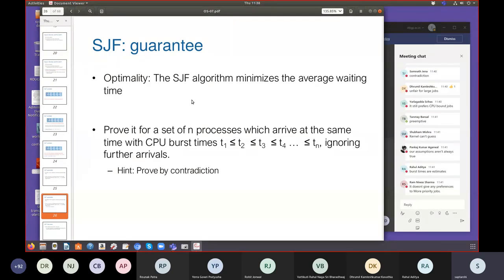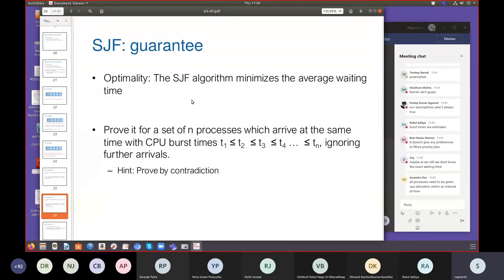I'll talk with Professor Mainak Mandal whether we can give you some idea of fair scheduling, like Linux nowadays uses a fair scheduling algorithm. That's a bit advanced, but we will see if we can give you an idea of that. But that's an interesting thought by Drumil that it is unfair towards large processes.